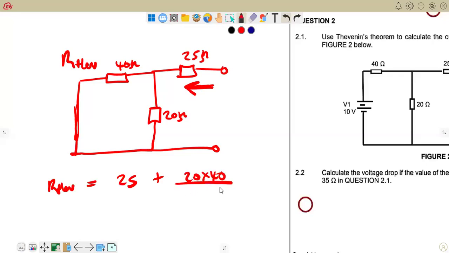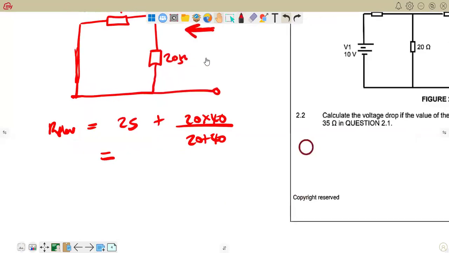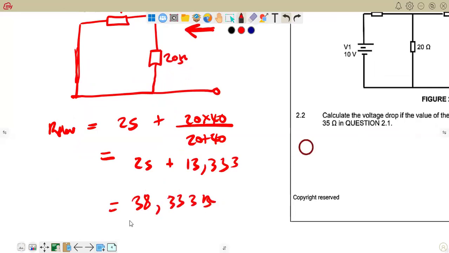Because of that, we can safely calculate RTH, and that will give us 25 plus 13.333, the equivalent resistance of these two, which therefore gives us 38.333 ohms. That's what we have now as our RTH.